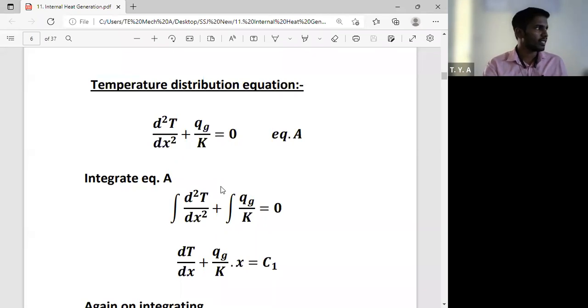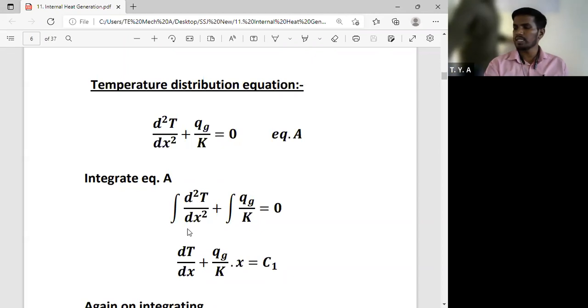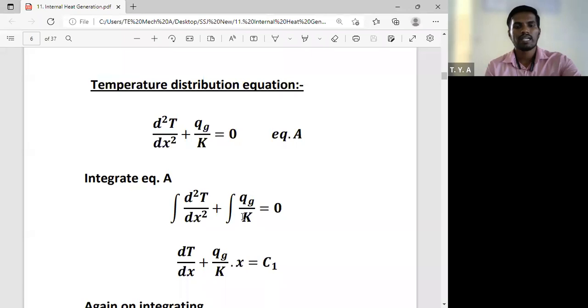One derivative and integration will be cancelled for the first term. So what is the term for that? dt by dx plus what is the integration of qg by k? That is x. Okay, so qg by k into x, and constant is there, so equal to constant, we consider constant as c1.